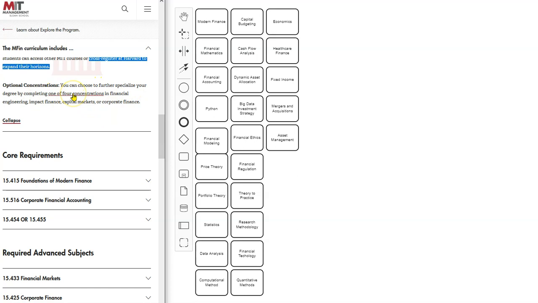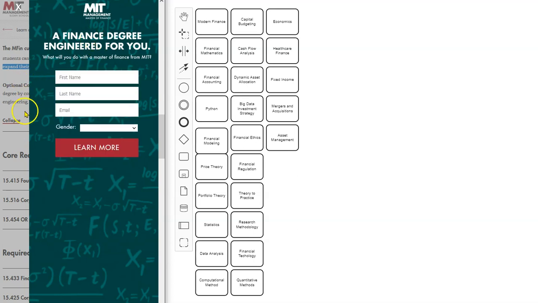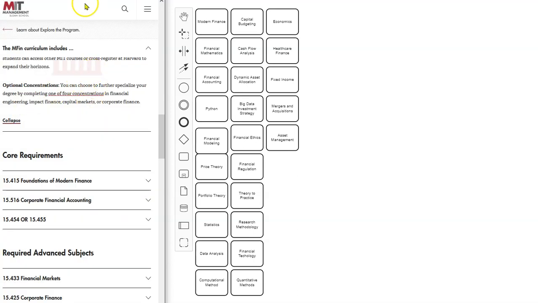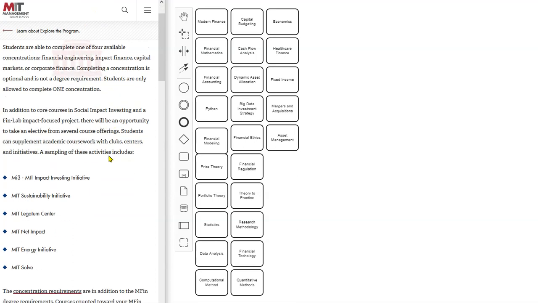All right, so now we have 4 concentrations. And these are financial engineering, impact finance, capital markets, or corporate finance. So these are new concepts. Let's add these.